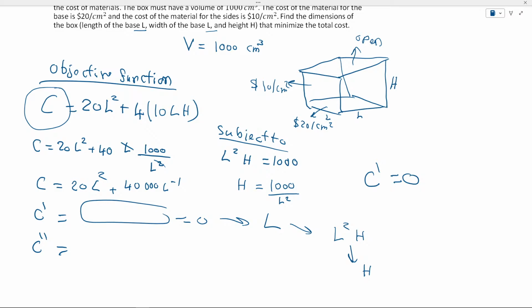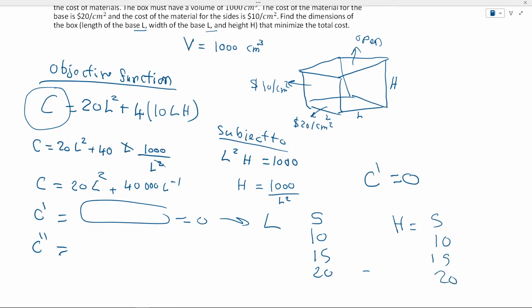For the sake of argument, L could be the multiple choice that I will give you, for example 5, 10, 15, or 20. Then you substitute it here and you will get H. Let's say H could be again 5, 10, 15, or 20, something like this.